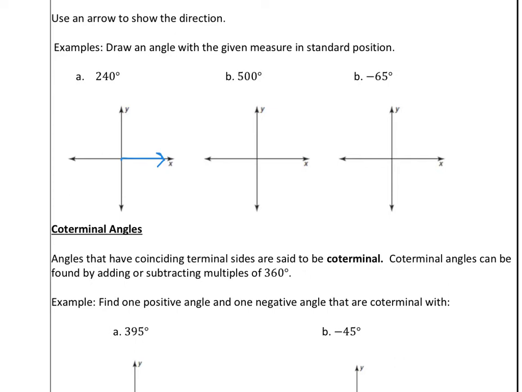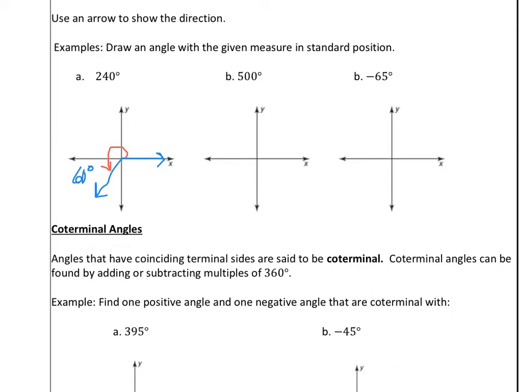That means going 180 degrees, then 60 degrees more. We don't use a protractor, so we mark off the acute angle, how much past 180 degrees we went: 60 degrees.